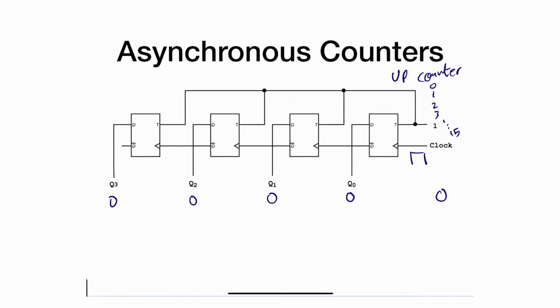Once a positive edge comes to this one here, you'll see that the value of the first flip-flop will toggle. The value in here is at 0, but when it toggles, this will become a 1 and this will become a 0. Nothing happens here because what we just saw between 1 and 0 is a negative edge, and this is activated by the positive edge.